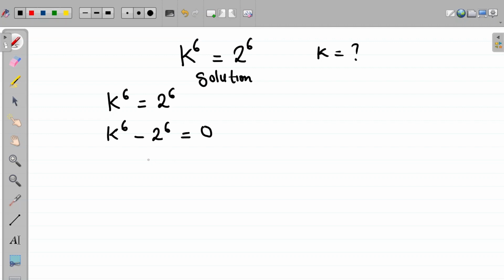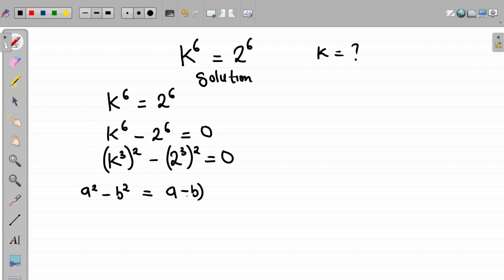So therefore, this equation can also be expressed as k raised to the power of 3, all raised to the power of 2, minus 2 raised to the power of 3, all raised to the power of 2, equal to 0. But we know that a squared minus b squared is equal to a minus b and a plus b.